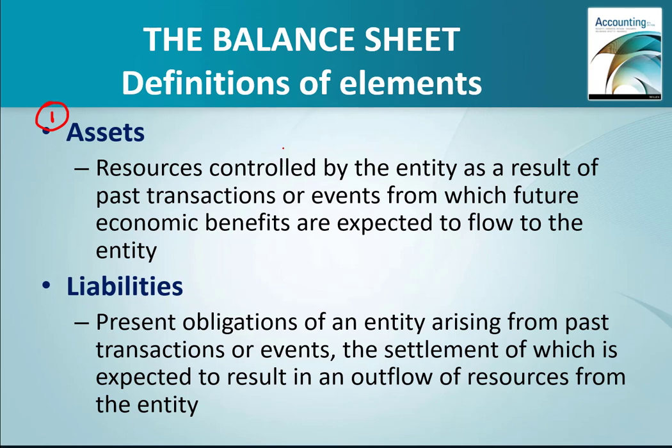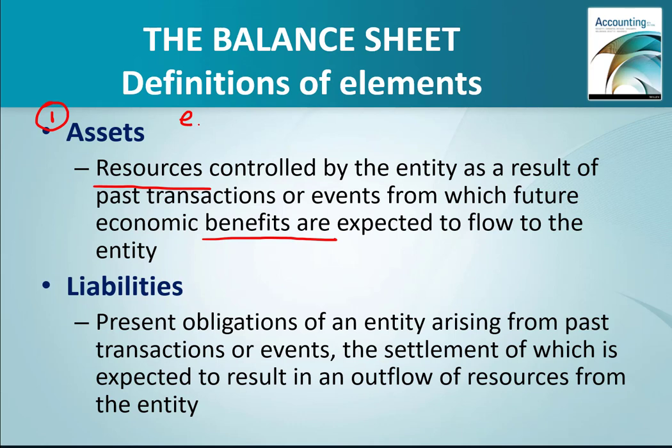What is assets? The keyword here, an asset is a resource controlled by the entity as a result of past transactions, which future economic benefits are expected to flow to the entity. So the main keyword here is resource controlled by the entity, and it's going to give you future economic benefits.